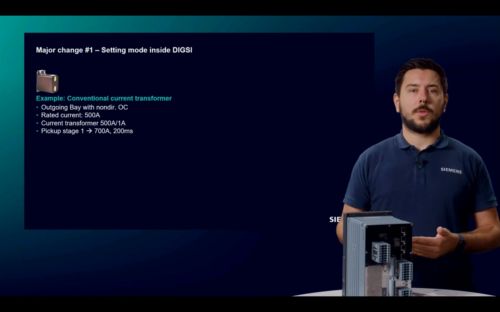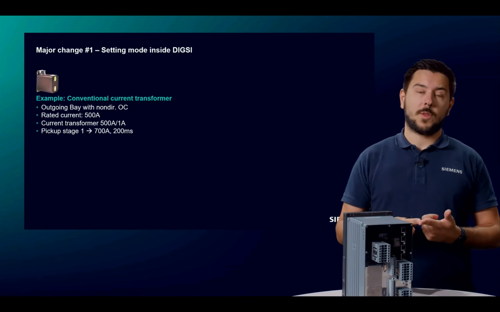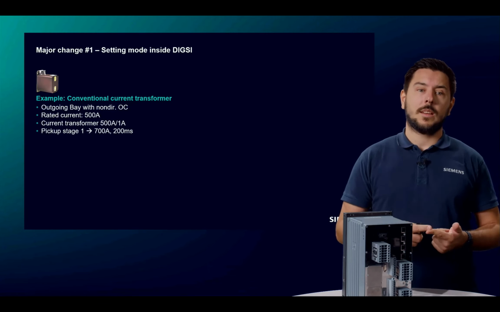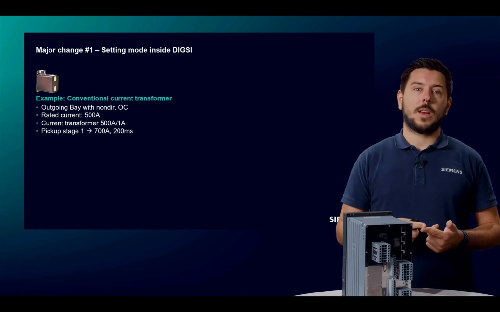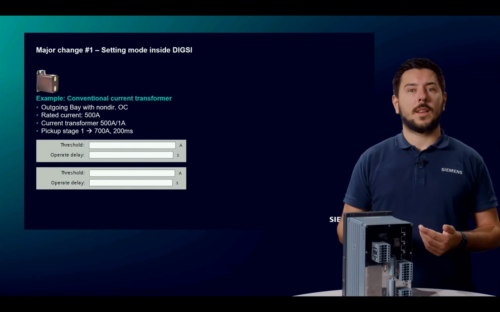The nominal current of the field is, let's say, 500 amps. A conventional current transformer with a ratio of 500 amps to 1 amp is installed. And the threshold for the trigger for stage 1 should be set to a value of 700 amps with a delay of 200 milliseconds. In DIGSI, the following settings would be made.